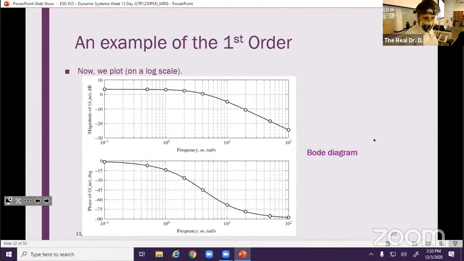Let's say that's like here somewhere. This is my low frequency asymptote. I have a flat low frequency asymptote at K, in dB.